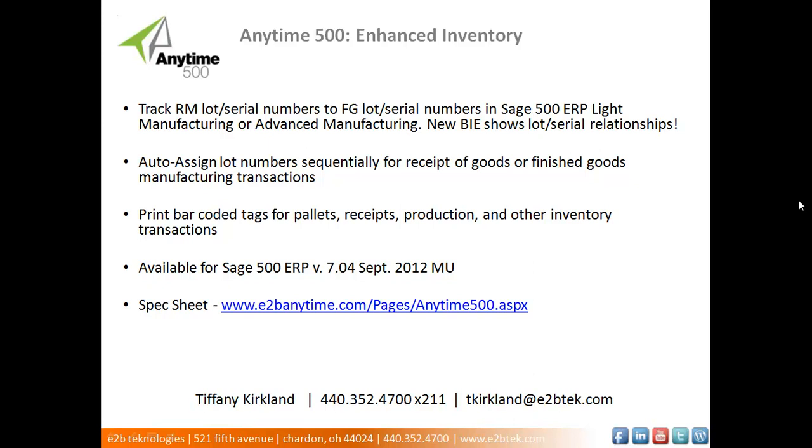So if you have a serial number recall or a lot recall, you know exactly which lot or serial numbers that were produced out of Sage 500 utilized those raw materials. We also have the ability to do, we didn't talk about it in the demo, auto-assigning of lot numbers sequentially for receipt of goods or finished goods or manufacturing transactions. We also can print, obviously, the barcode labels on tags for pallets, receipts, production, and other inventory transactions.